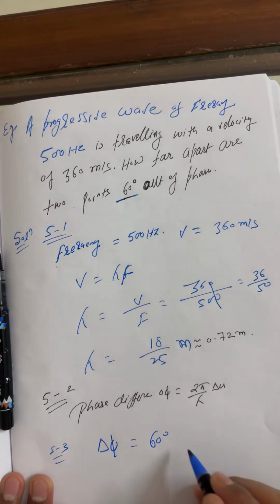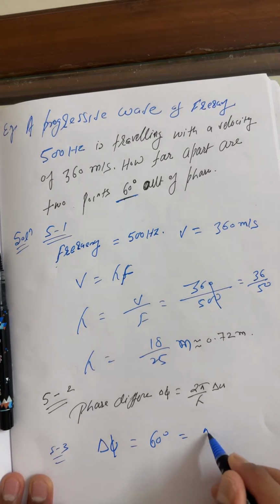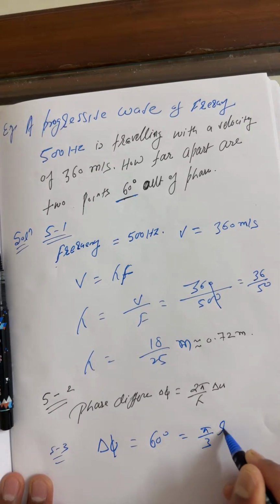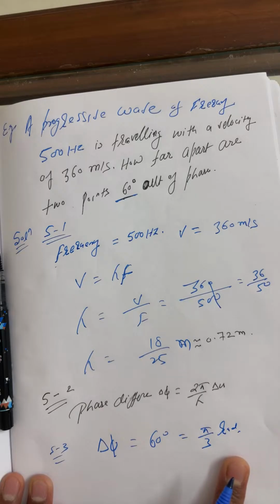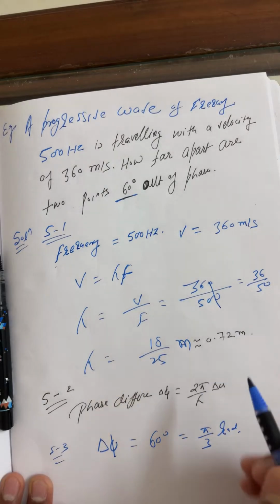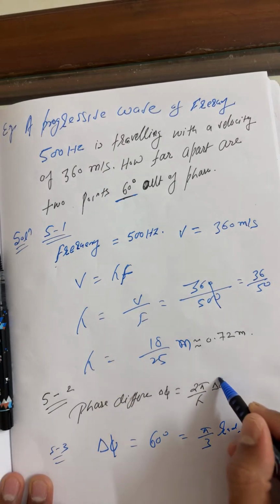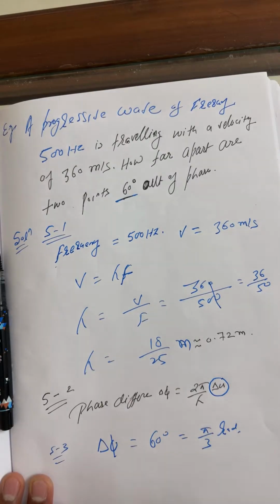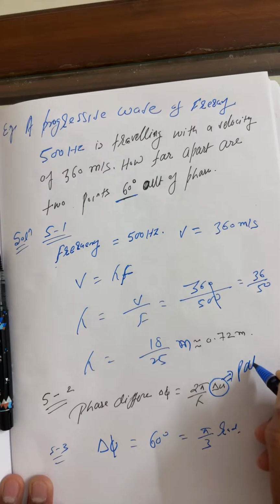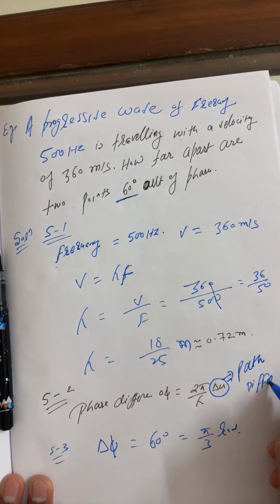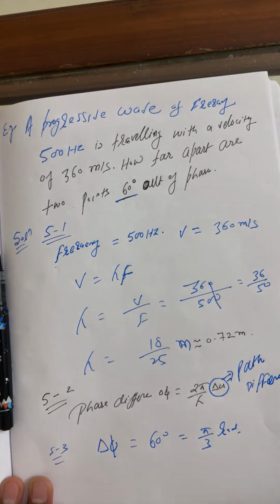Convert it in radian, so it is pi by 3 radian. The phase difference we already have. We have to find how far 60 degree out of phase, so we have to find the path difference. Delta x is the path difference.